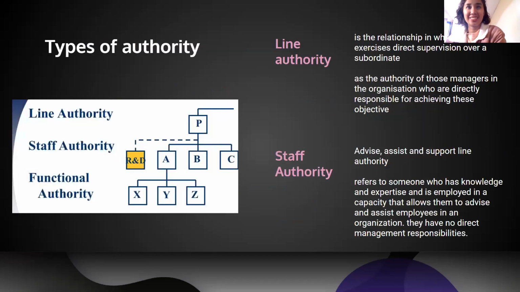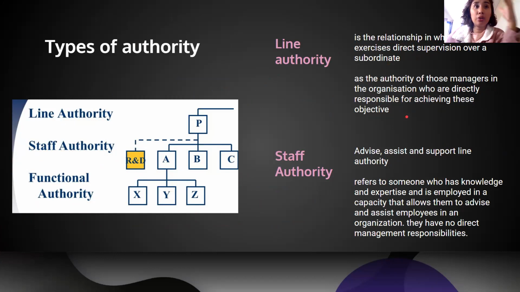Okay? So, types of authority, we have line authority, staff authority, and functional authority. So, mataas yung line. Relationship in which supervisor exercises direct supervision over a subordinate. Authority of those managers in the organization who are directly responsible for achieving the objective.